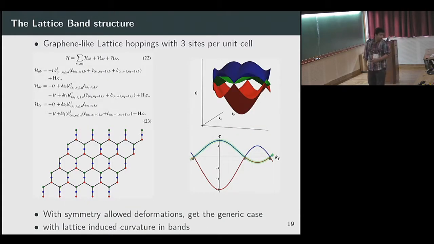So I can put all of this on the lattice, and this is just for completeness. I show that I have all these 3 kinds of hoppings between the 3 sublattices, and I just have to be symmetry consistent. And if I allow any symmetry allowed hoppings, I get the generic case. But if I fine tune it, then I do get these line degeneracies. One interesting thing on the lattice which happens is that this line degeneracy actually winds across the Brillouin zone.